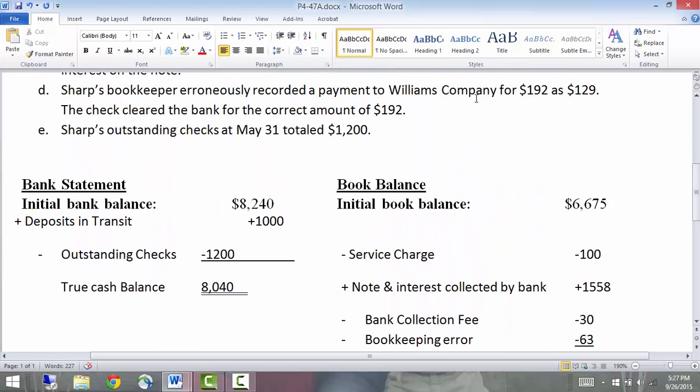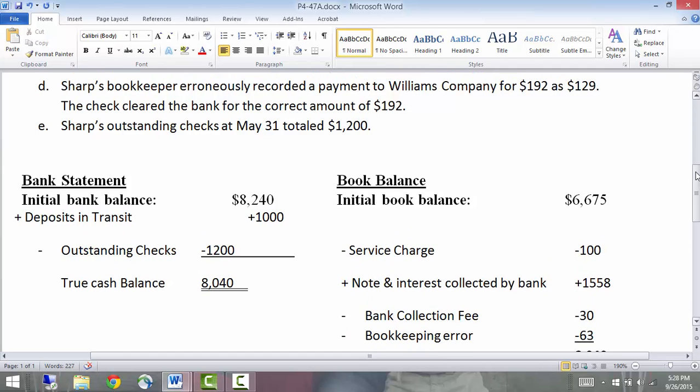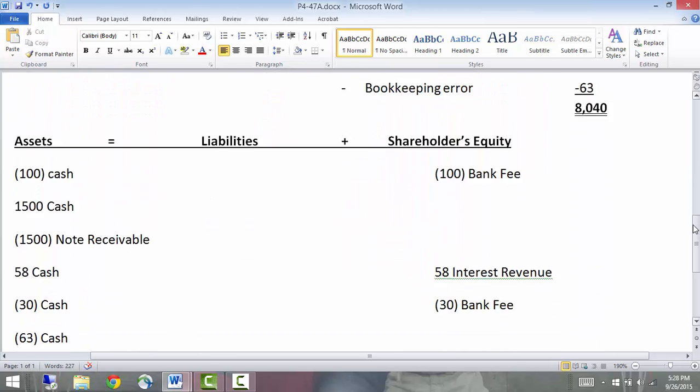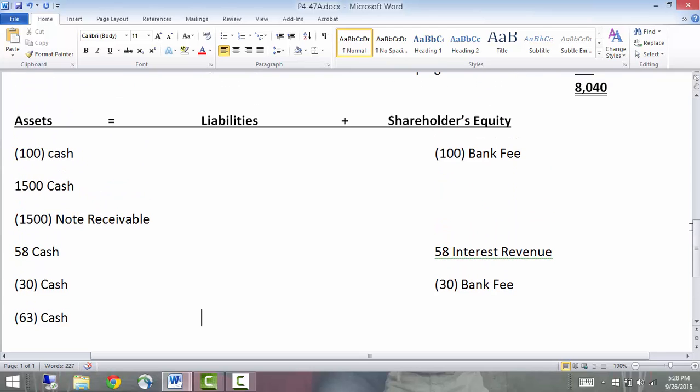Since we made this payment to another company, it's probably a vendor, somebody that we buy our inventory from. So it's probably an accounts payable. We owed that company, so that was reflected in an accounts payable originally. So we need to go back and balance our equation with an accounts payable. $63 accounts payable.